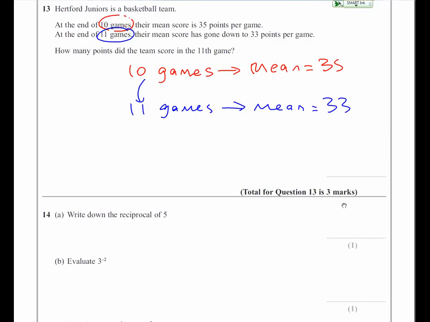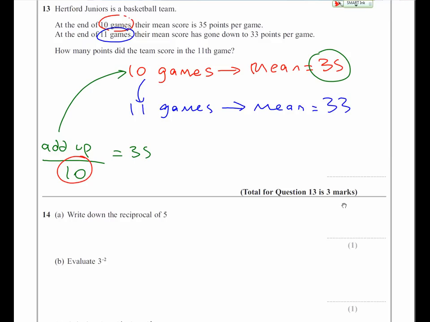Right, so we add up all our values and divide by 10 and we get 35. So this means in the first 10 games, we've added up, we've divided by 10 and we get 35. So that means that what you must have got before you divided by 10 was 350.